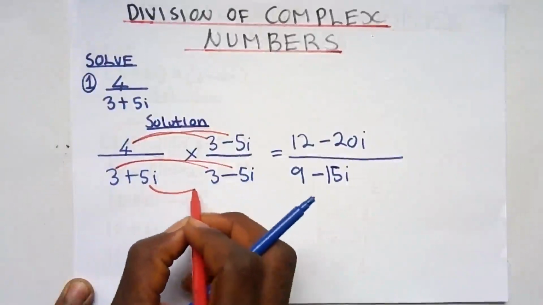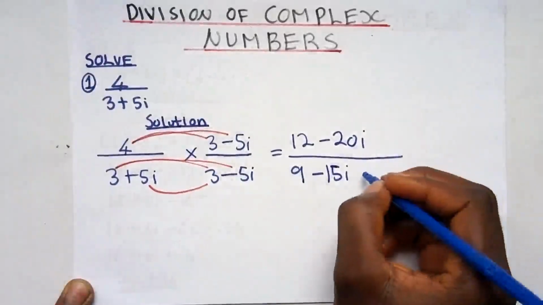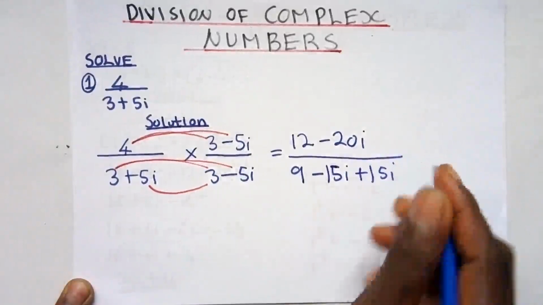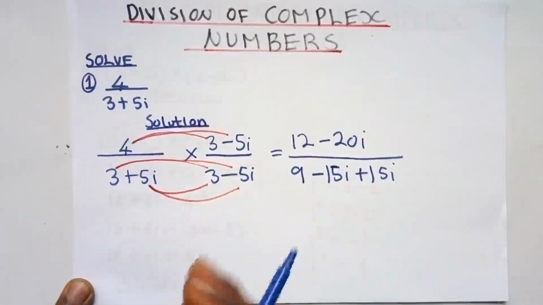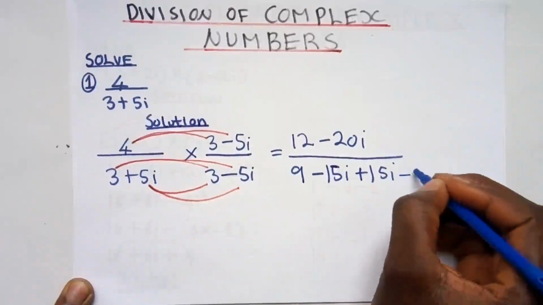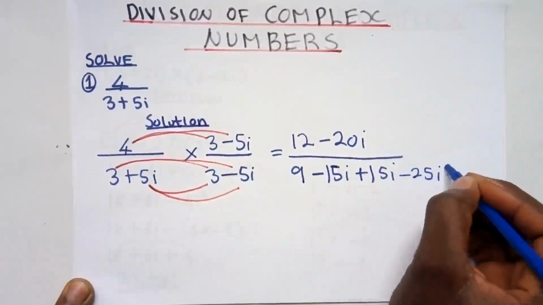Plus 5i multiplied by 3 gives us plus 15i. And plus 5i multiplied by minus 5i gives us minus 25i squared.